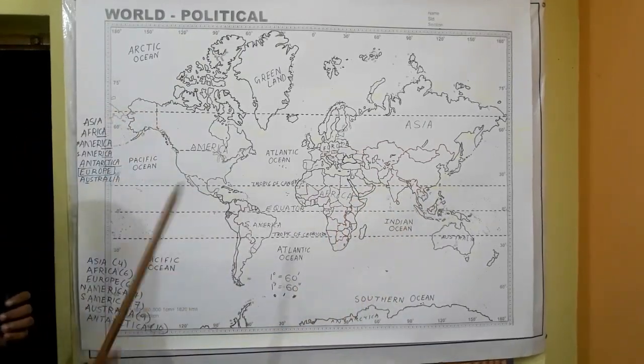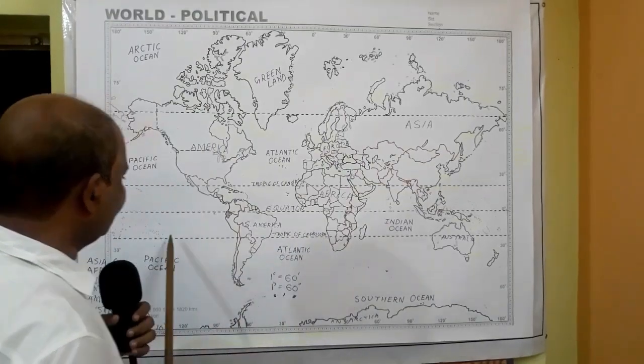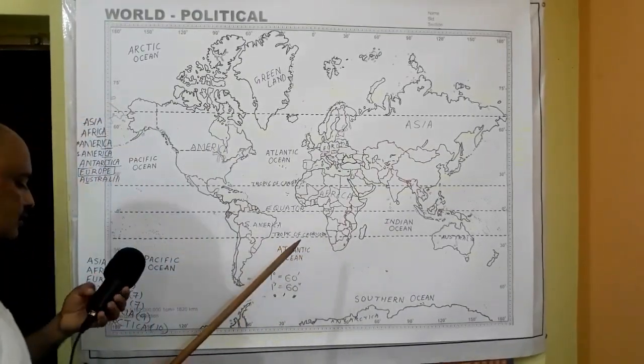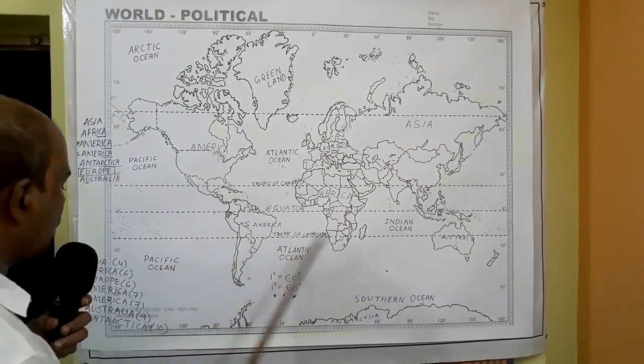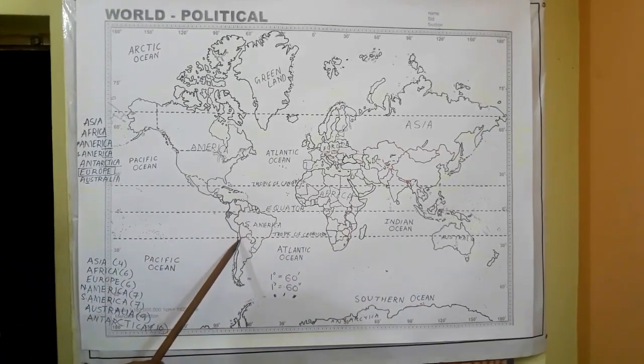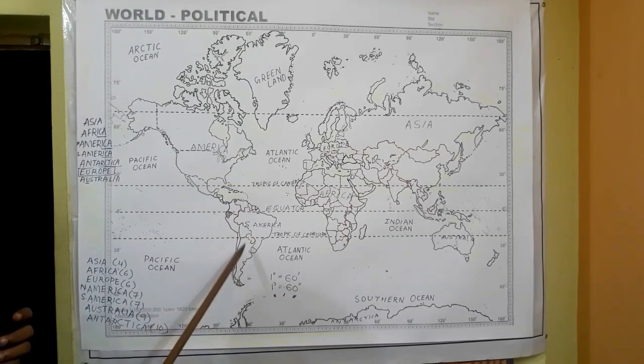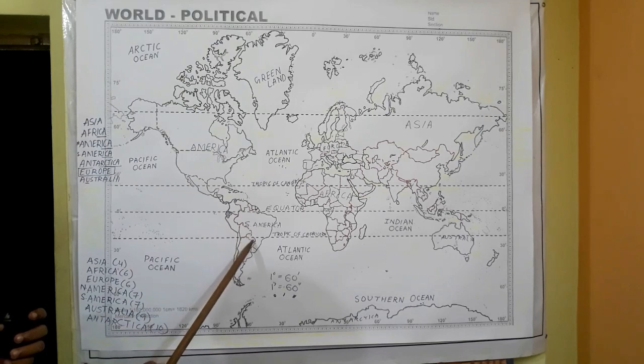Now let us learn about the Tropic of Capricorn. 23.5 degrees south is called the Tropic of Capricorn. It passes through this elongated country called Chile, though we write it as Chile, we should pronounce it as Chile. Then we have Argentina, and this is Paraguay, then it enters through Brazil.